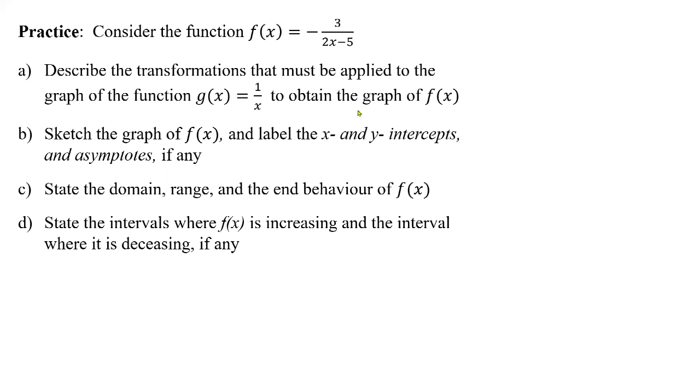Okay, so first of all, let's have a look at the possible transformations we can do to get this new graph from g(x) = 1/x. Note that f(x) can be rewritten as -3 over 2 times (x - 5/2). You can see this is g(x - 5/2), with a stretching factor of 2 here, and then the whole function multiplied by 3.